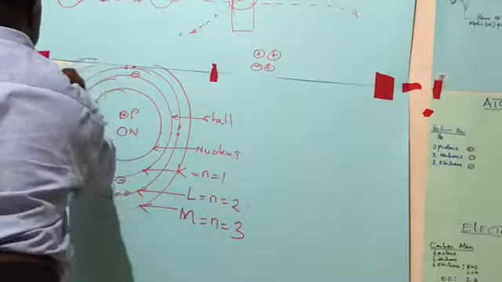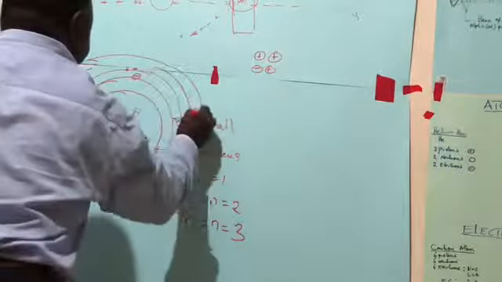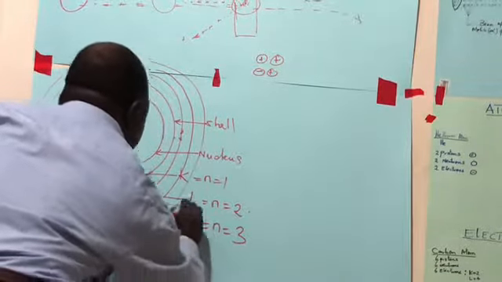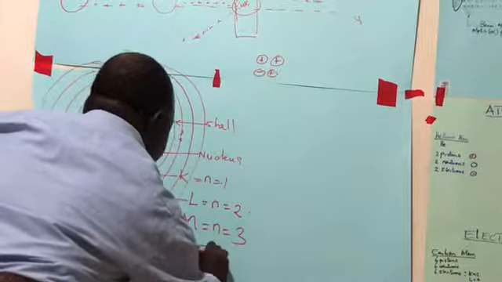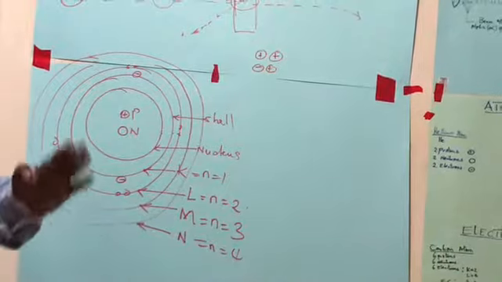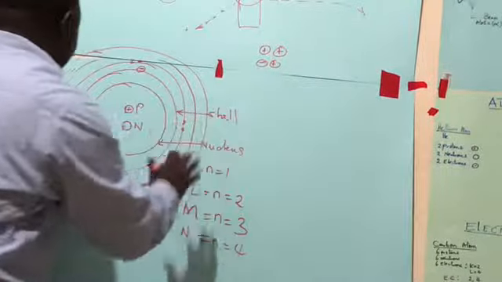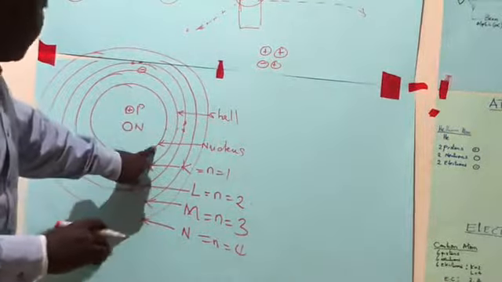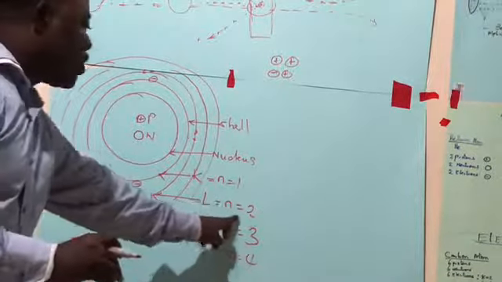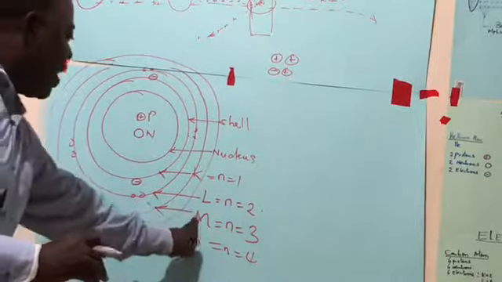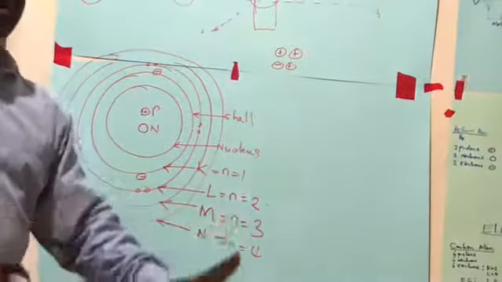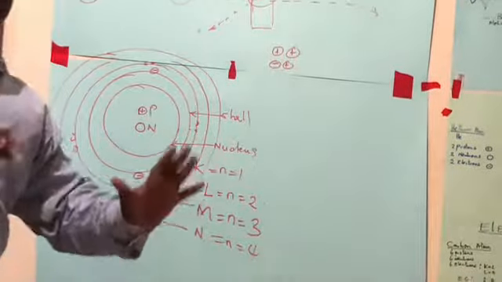And the fourth shell we call N, which is n equals 4. The shells will continue, and this is how electrons are arranged: from the first shell, K equals 1, to the second shell, L equals 2, to the next shell, M equals 3, and to the fourth shell, N equals 4. All these electrons are arranged on these shells.